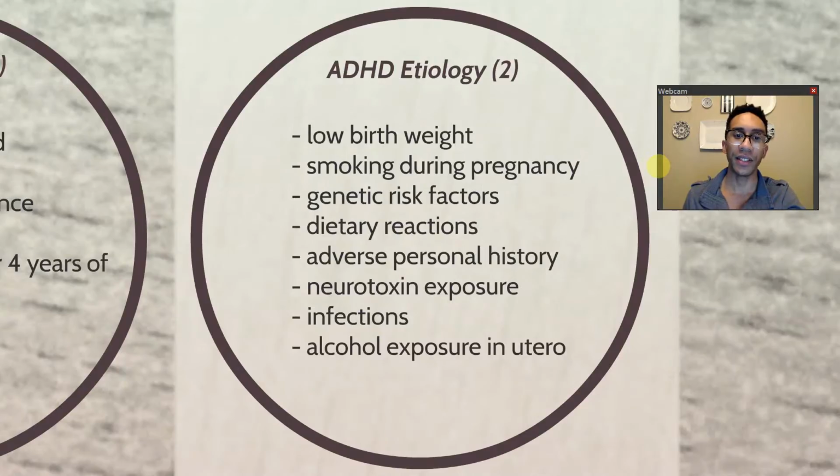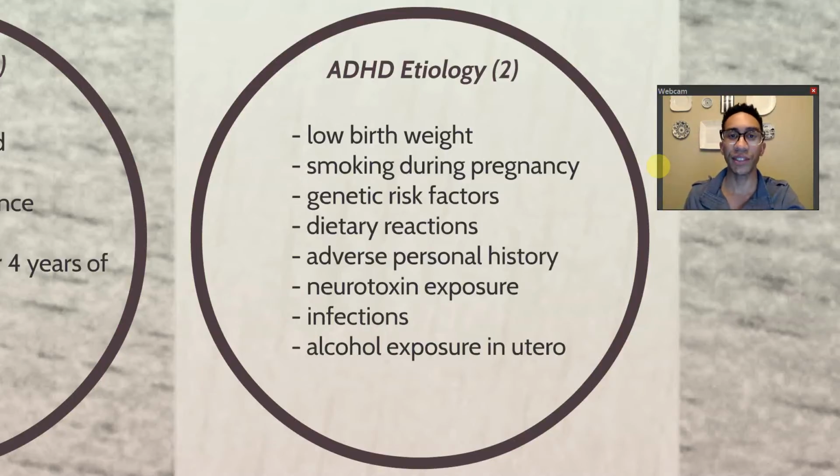ADHD etiology continued. This one has a little bit more objectivity to it. Low birth weight is one of the predictors of ADHD. Smoking during pregnancy, you shouldn't do that anyway. You're going to have a number of different complications, and ADHD is just potentially one of them.